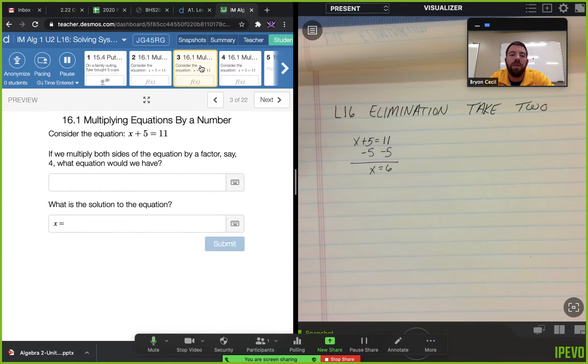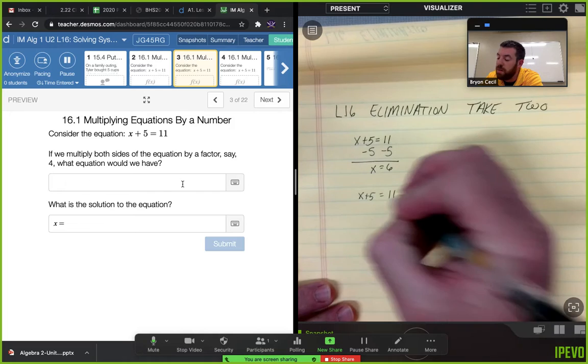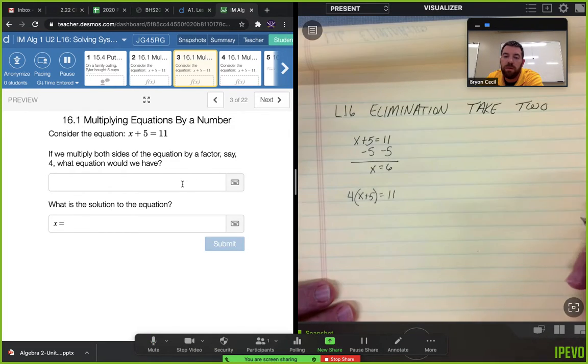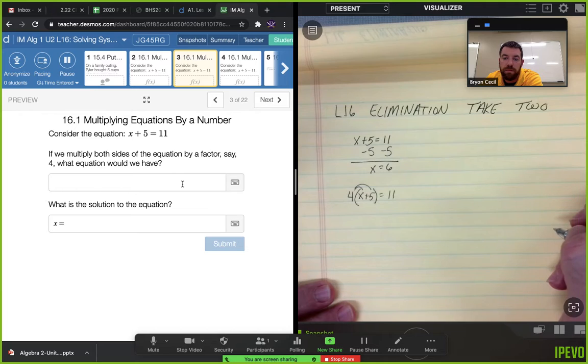Now, what if we multiply both sides of the equation by a factor? They say 4. What equation would we have? Here's what I have. We're going to multiply this left side by 4. Well, I can't just add it to the 4. I've got to use distributive property.